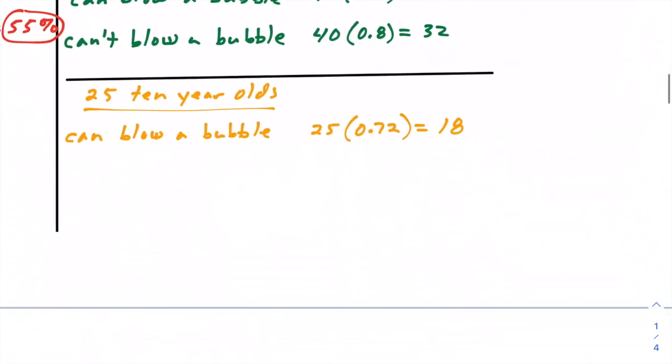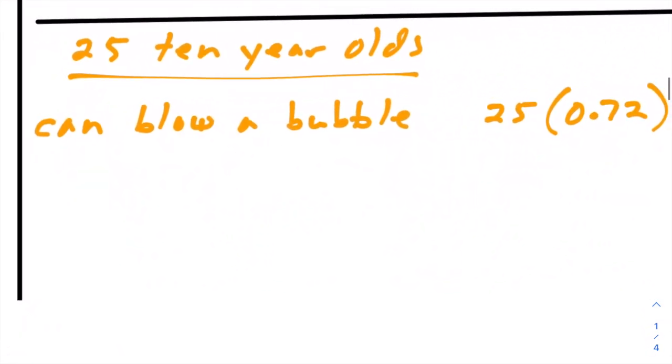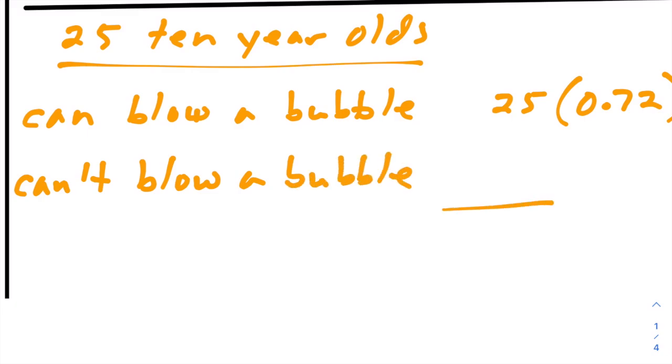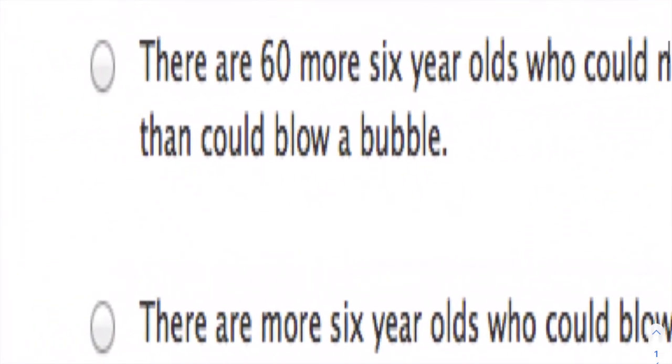can blow a bubble. Now again, some of you guys have figured this out, that I should get 7 of them who can't. But again, we will do the math. So how many of these 10-year-olds can't blow a bubble? So 25 10-year-olds.